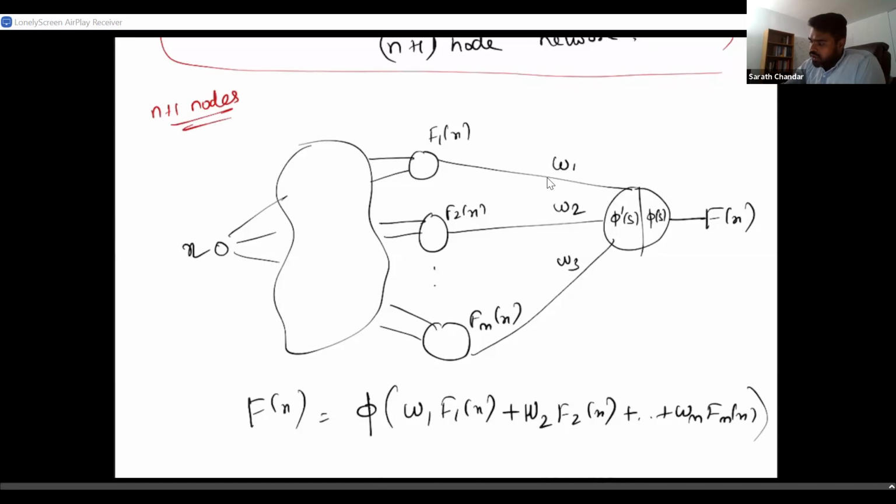Now consider these individual nodes f1, f2, fm. Maybe let's just take f1 of x. What can you say about the number of nodes in a network which starts from x and ends at f1 of x? I'm saying that the total network has n plus 1 nodes. Any answers in chat?